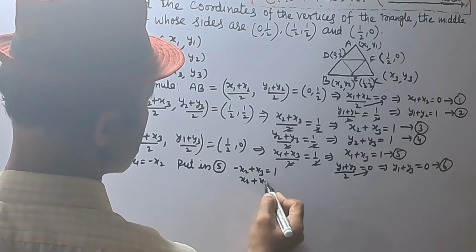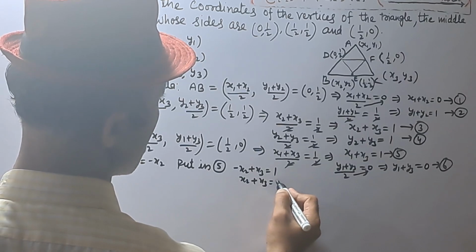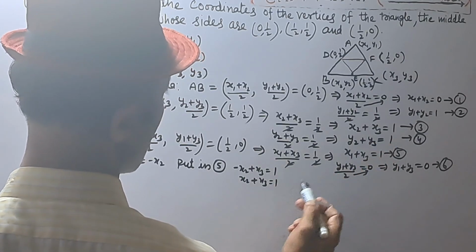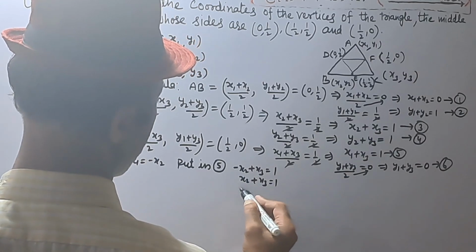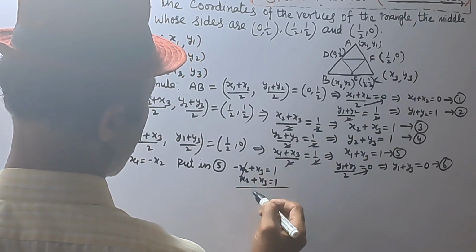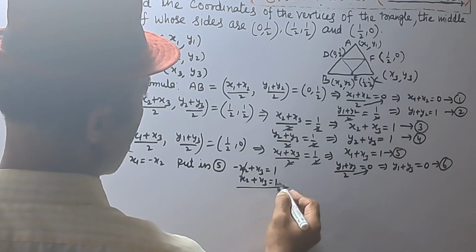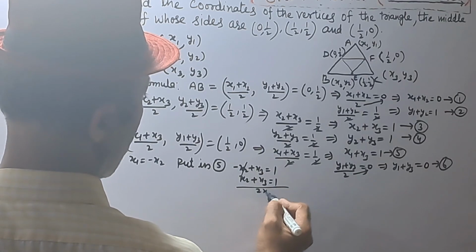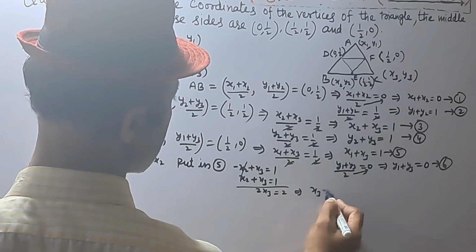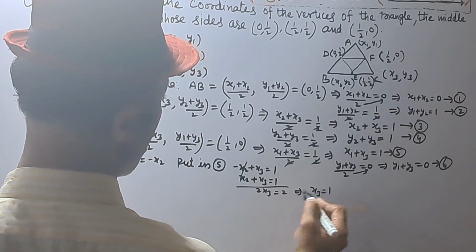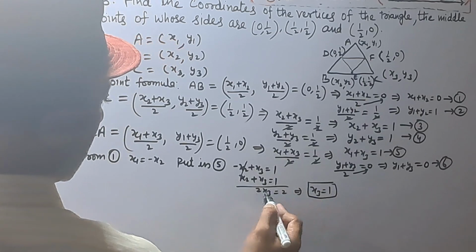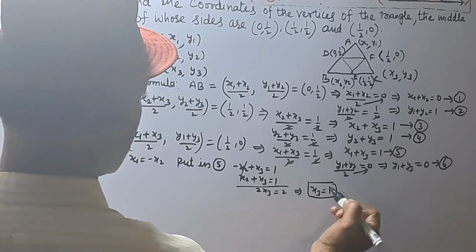And x2 plus x3 is equal to 1. Adding, 2x3 is equal to 2, which implies x3 is equal to 2 divided by 2, that is equal to 1.